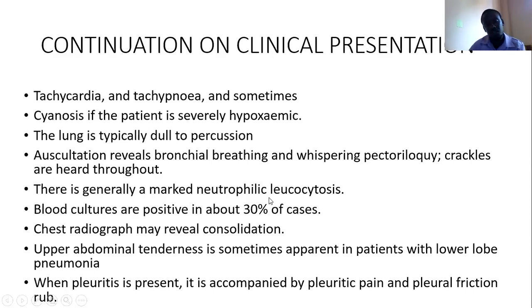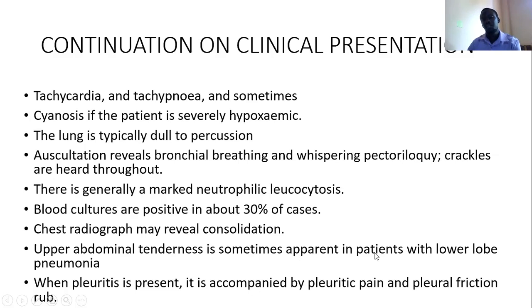There's generally marked neutrophilic leukocytosis. When you do blood cultures, about 30% are going to be positive. So blood culture is not a good test, as only 30% of the cases you might get positive blood cultures. Then you may get consolidation on the chest X-ray, and sometimes you may get upper abdominal tenderness.